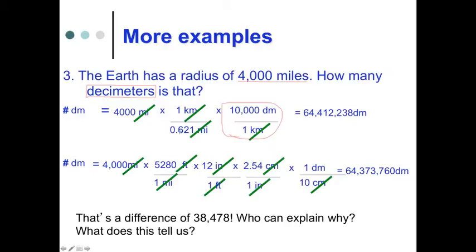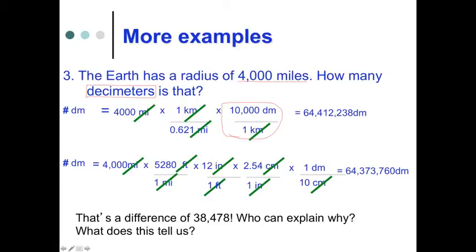Sometimes I've said 6/10 of a mile is 1 kilometer, 1 over 0.6. Sometimes I've said 0.62, sometimes I've said 0.621. I'm choosing arbitrarily at some point, whether it's the tenths, hundredths, or thousandths place, to cut off the number. So I'm rounding the number off because it's not an exact conversion.